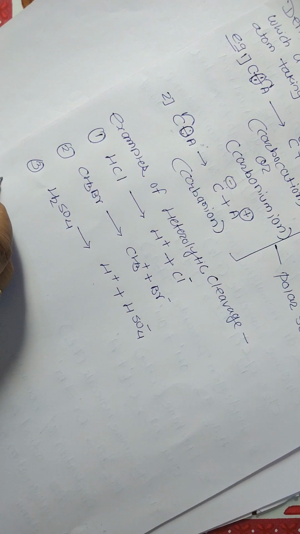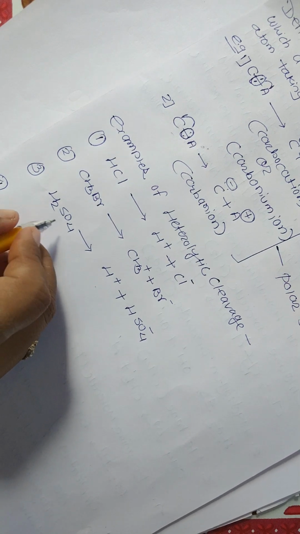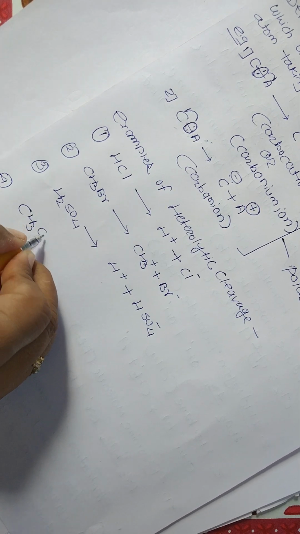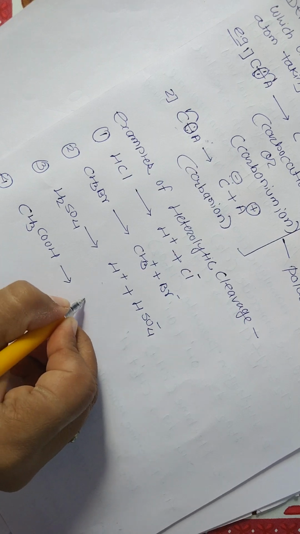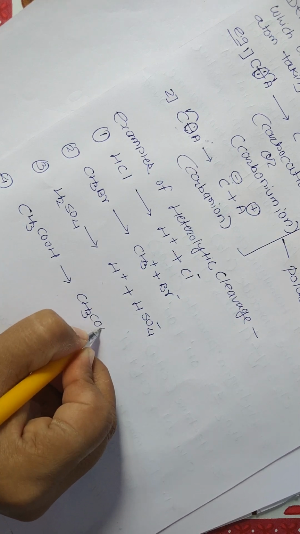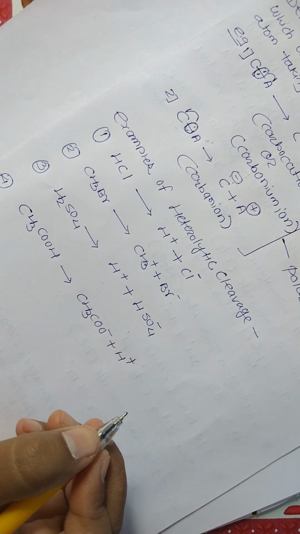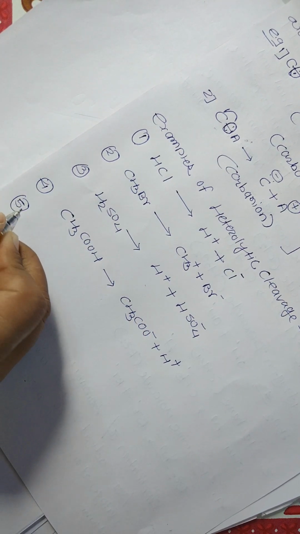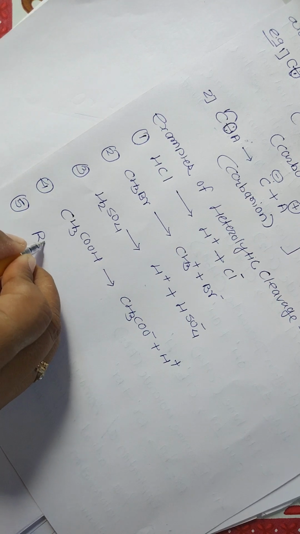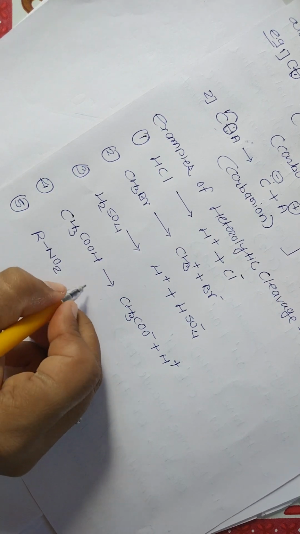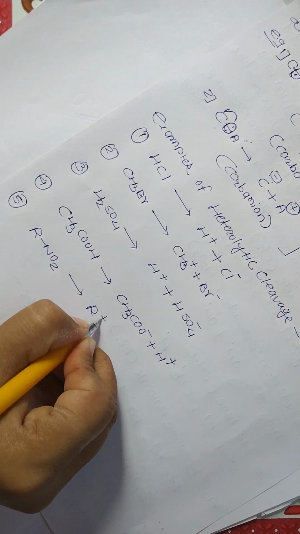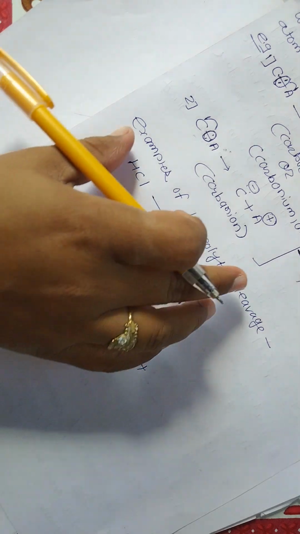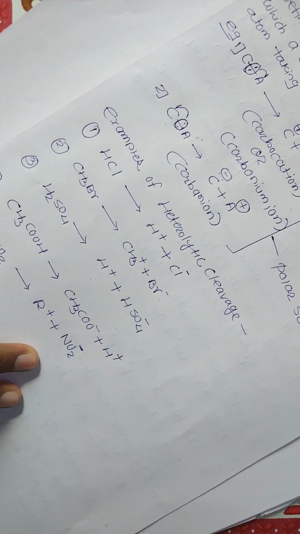Then the fourth example is acetic acid, CH3COOH, which gives CH3COO minus plus H plus, okay. And another example is nitroalkane, RNO2, which gives R plus and NO2 minus. Got it? These all are the examples of heterolytic cleavage.